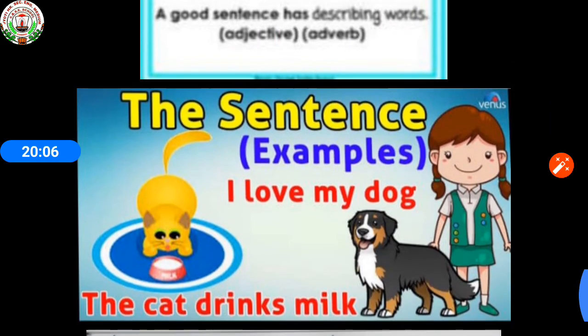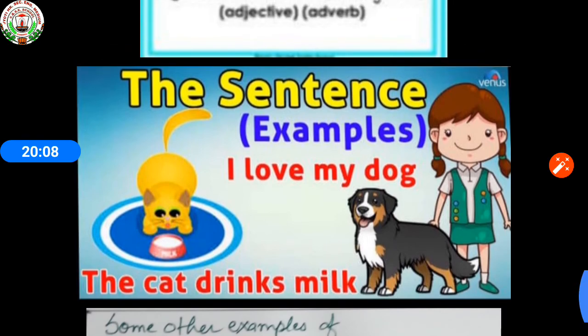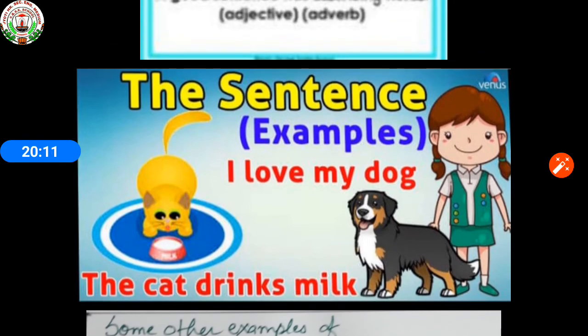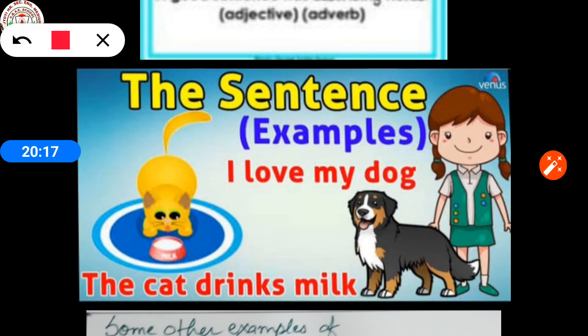In this picture we can see some examples related to sentences. I love my dog. The cat drinks milk.